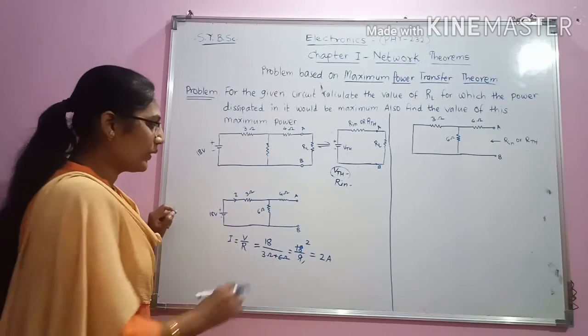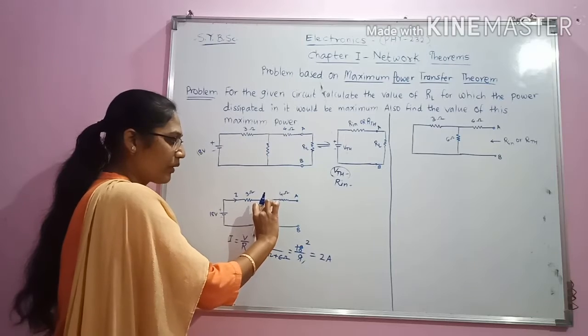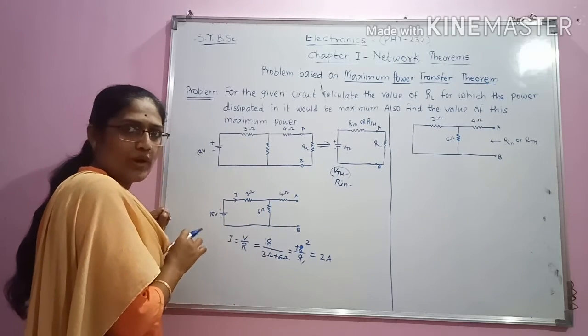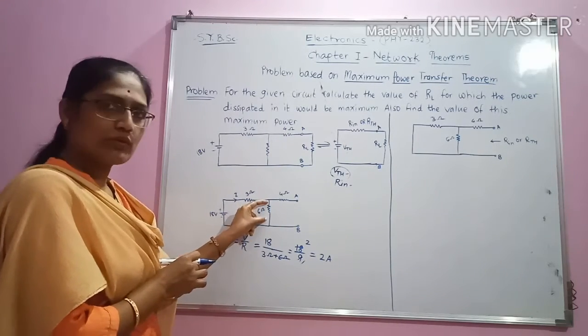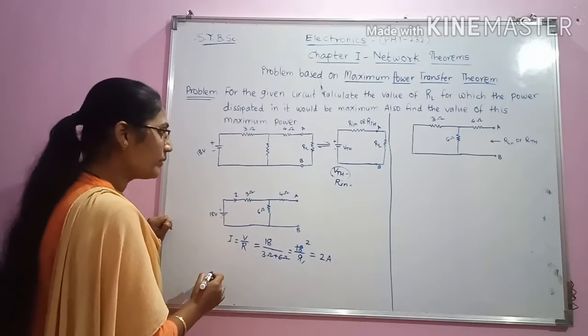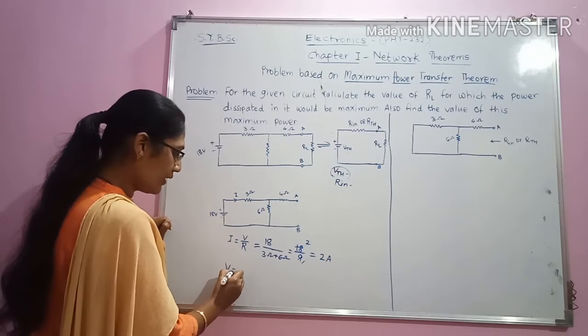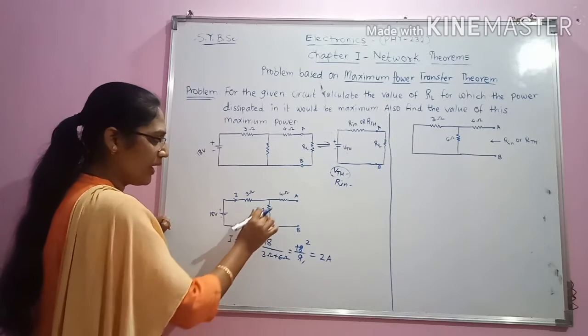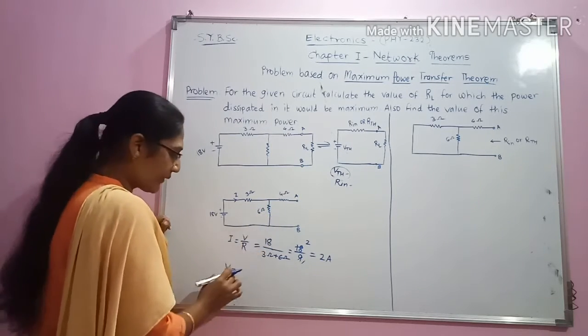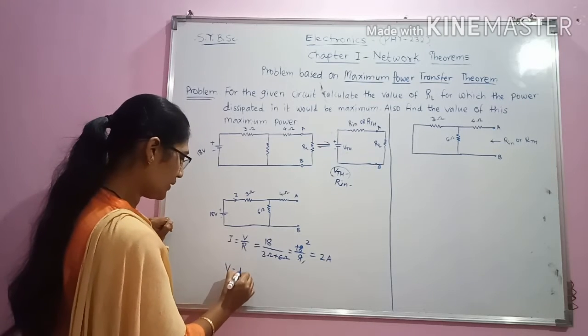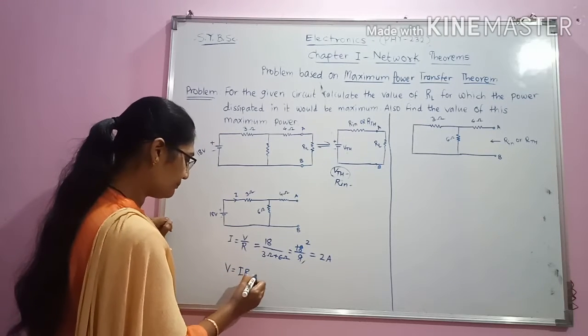Now we have to calculate the voltage drop across this resistance. What will be the formula for voltage drop? We know that the voltage drop V1 across this resistor is V equal to IR.